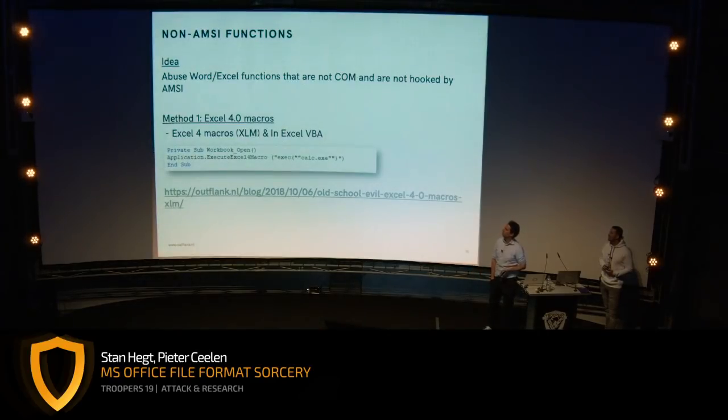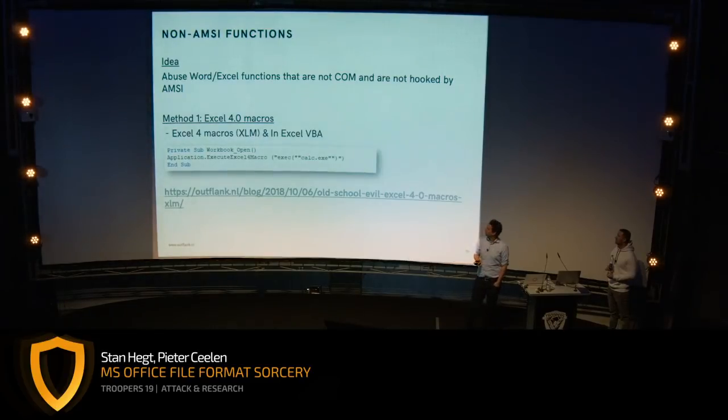So one of them is Excel4 macros. There's this legacy Excel format, the Excel4 macro format, which has nothing to do with VBA. Yesterday I learned it was implemented in Excel.exe, so it's really within Excel. You need to learn a little bit of a different language, but within VBA you can call such a method. And this method is not a COM method, not a Win32 API method, so it is just not within this MZ behavior log.